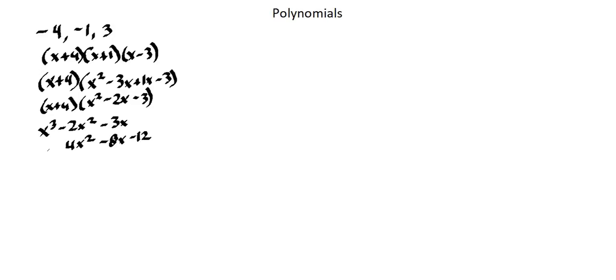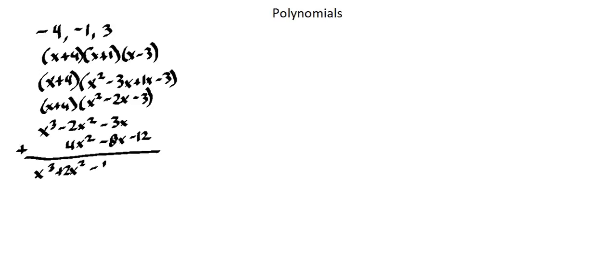And notice how I've aligned these multiplications. I can now add down, adding like terms. I have x cubed, and for x squared, -2x squared plus 4x squared gives me plus 2x squared.